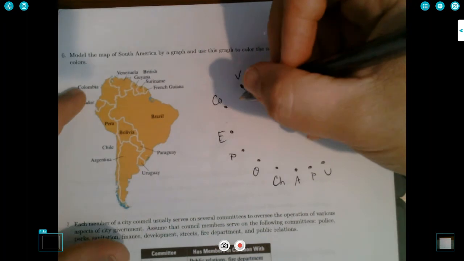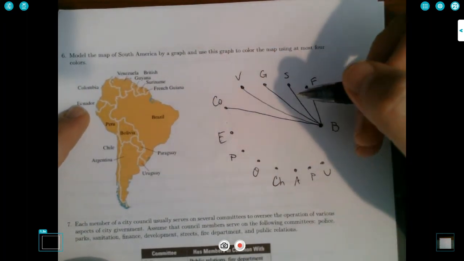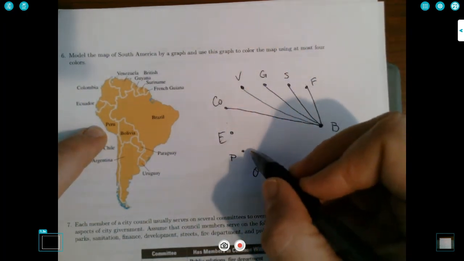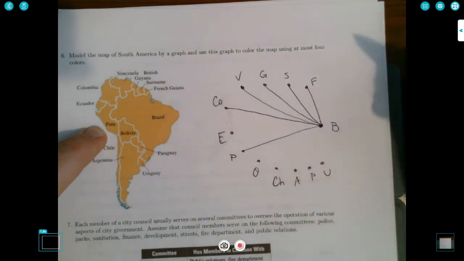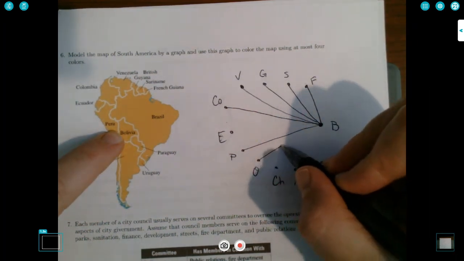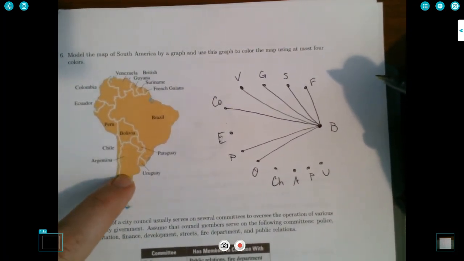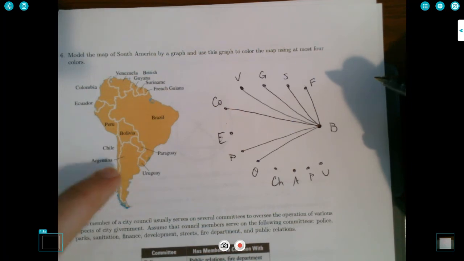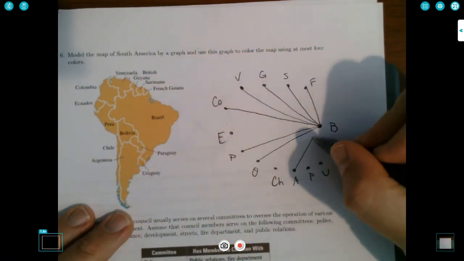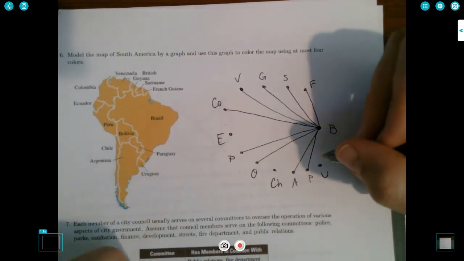But it has a border with Colombia. It does not have a border with Ecuador. It has a border with Peru. It has a border with Bolivia. It does not have a border with Chile. It does have a border with Argentina. See this little piece right here? It's got a border with Paraguay. It's got a border with Uruguay.